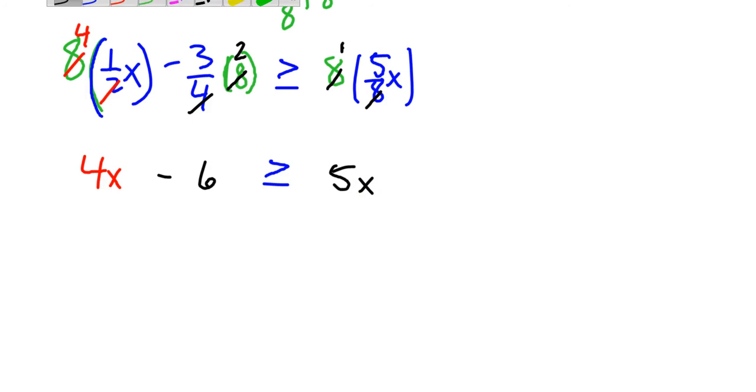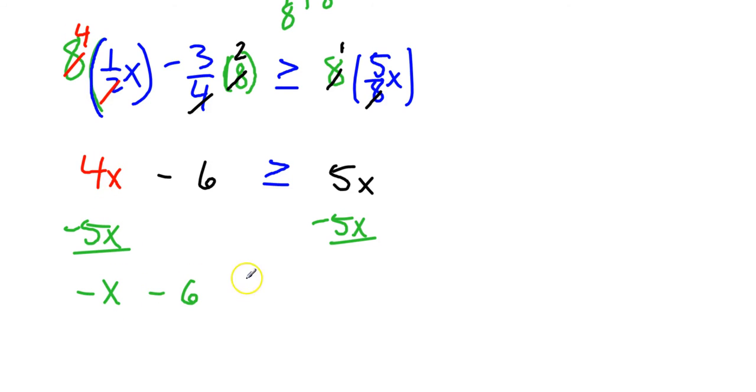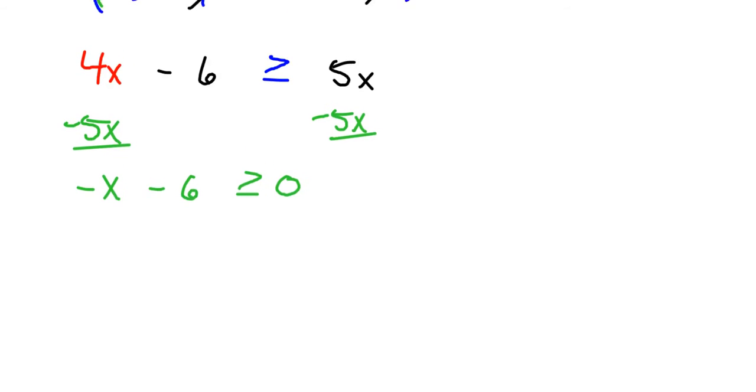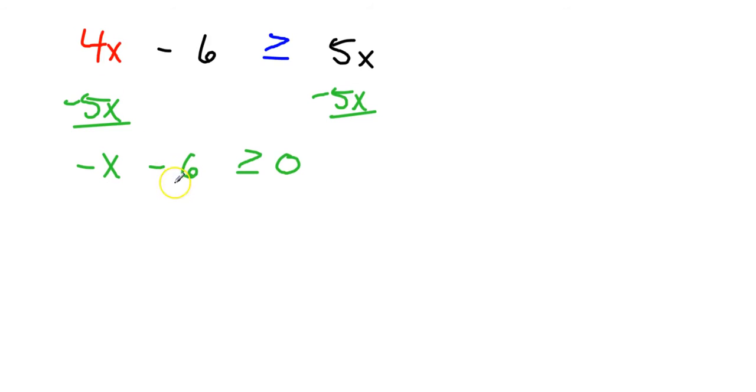So for this one, just so we keep the x's on the one side and we don't have to worry about flipping the inequality so much, let's just subtract this 5x and move it over here, so it's on the left-hand side. So we've got negative x minus 6 greater than or equal to 0. Now we've got the x on the left-hand side. Just need to move this 6 over to the right-hand side.